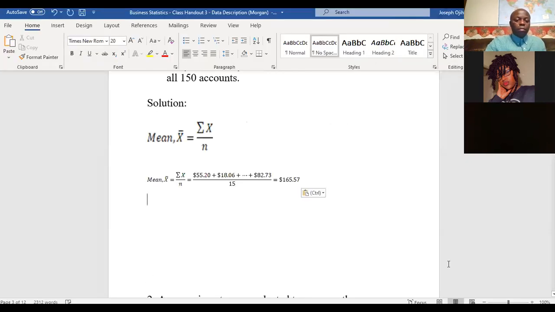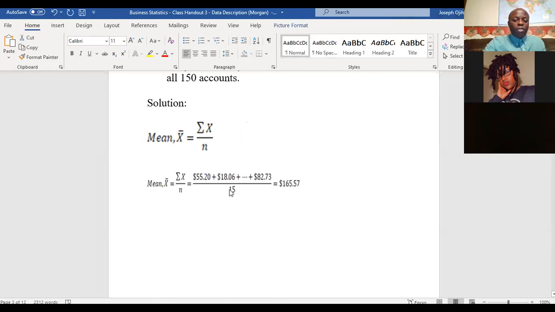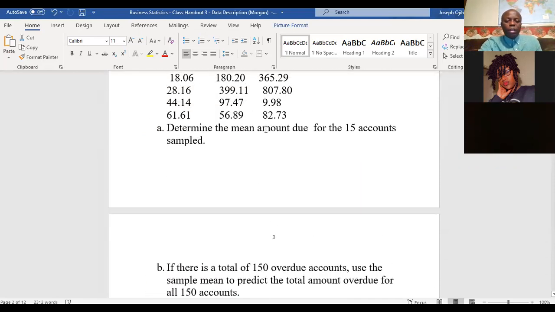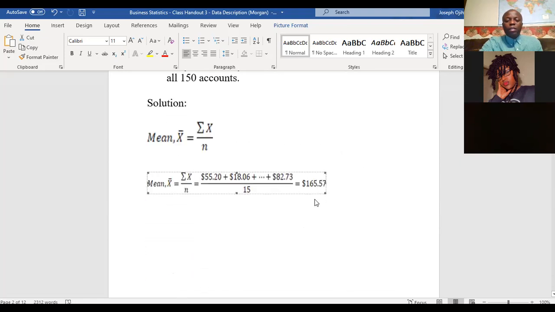So this is it. The question we're asking for is the average. The average or the mean amount due for the 15 accounts is $165.57. So that's how you interpret it.